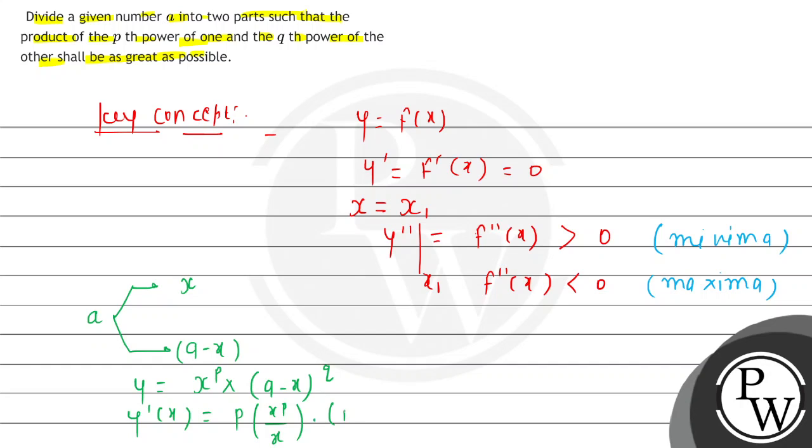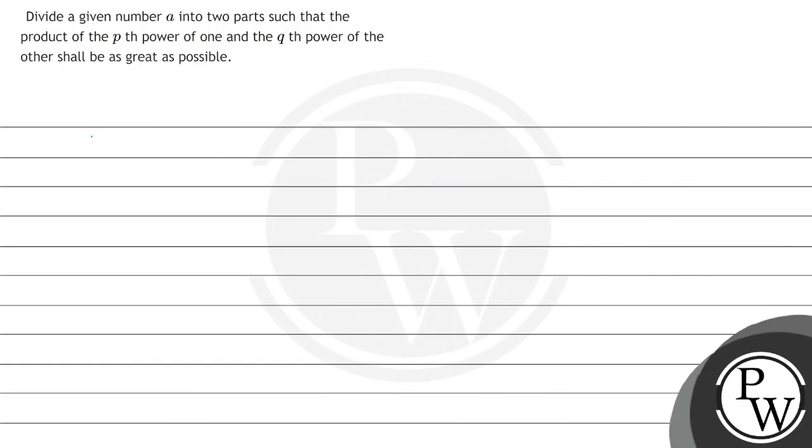It is p x to the power p minus 1 into (a minus x) to the power q, plus x to the power p into q into (a minus x) to the power q minus 1 times minus 1. After simplifying, y dash x is equal to x to the power p (a minus x) to the power q into (p by x minus q by (a minus x)).